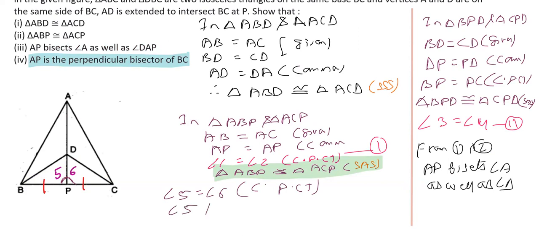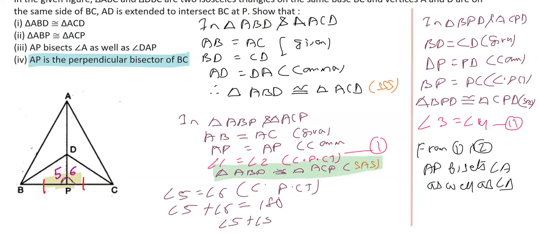Further, we can say that angle 5 and angle 6 are forming a linear pair, as visible, right? These two angles together form a straight line, so their sum is 180 degrees. As 5 and 6 are equal, we can replace 6 with 5.